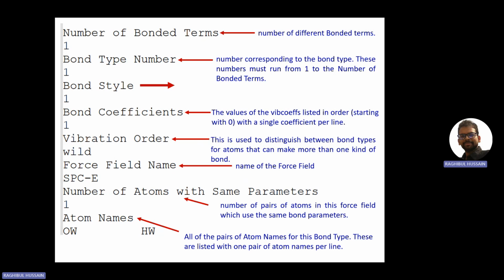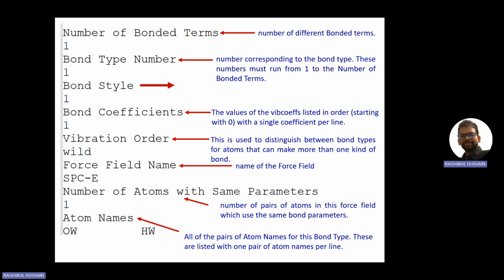In your force field file, you check all these values. Now see, if the number of bonded terms is 10, then you have to repeat this block 10 times: 1, then 2, 3, 4, 5, 10. What is bond style? We will see.